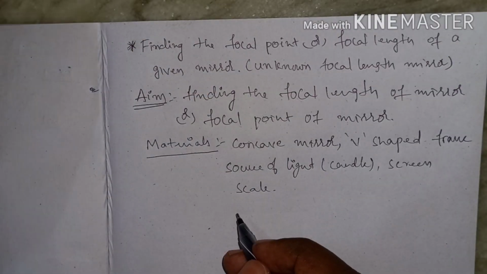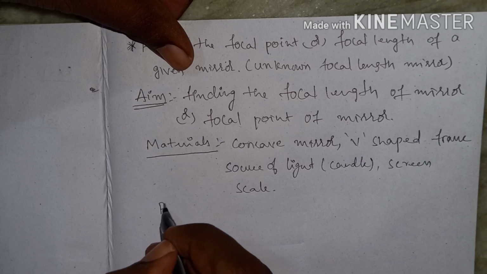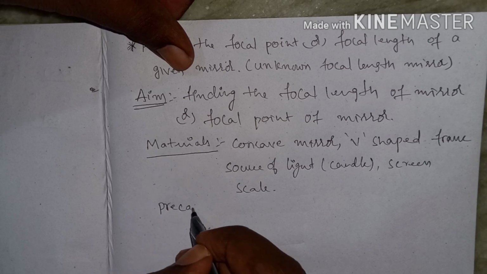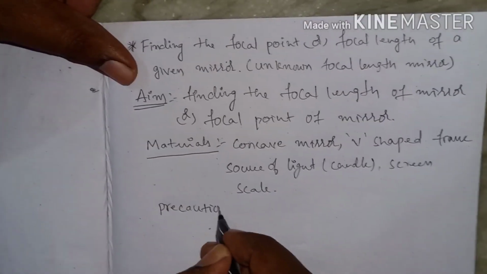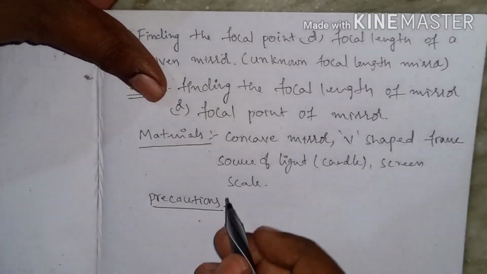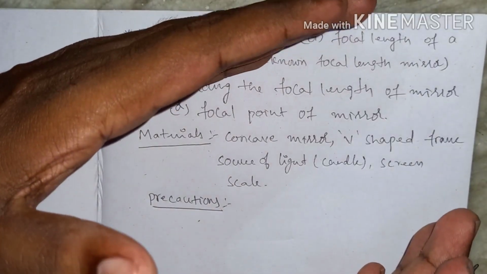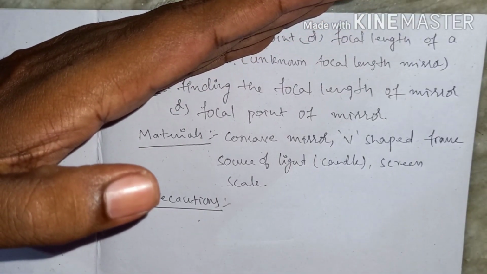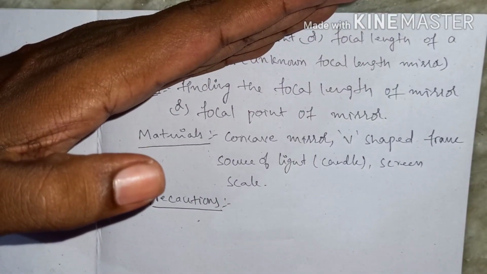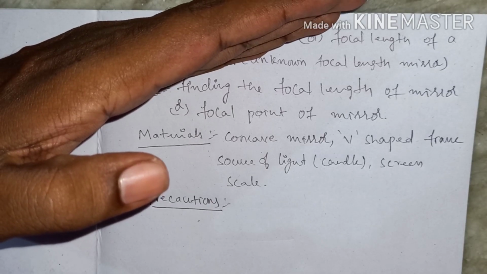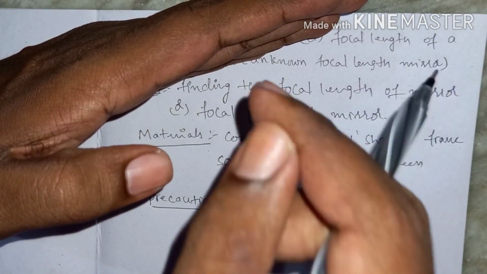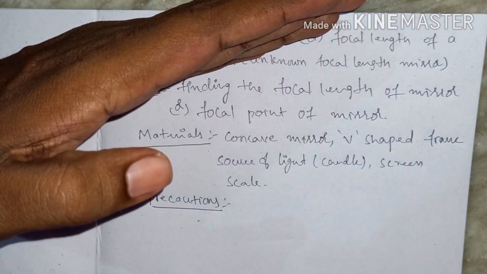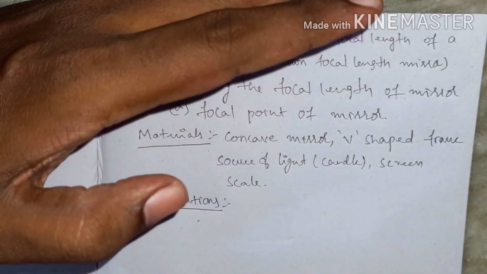Then here we can take some precautions also. What are the precautions? See, previously what happened? The light should be placed in front of a concave mirror, but here the light will be reflected on the mirror. That means the mirror and light should be at equal heights.